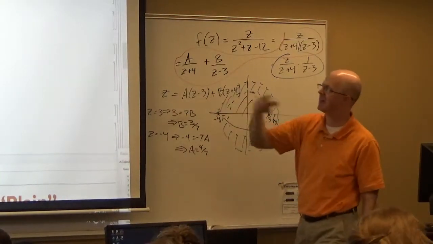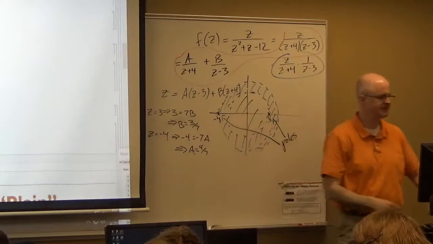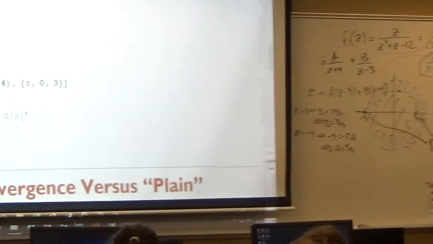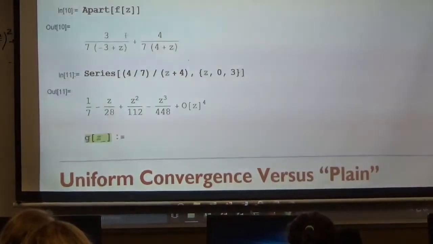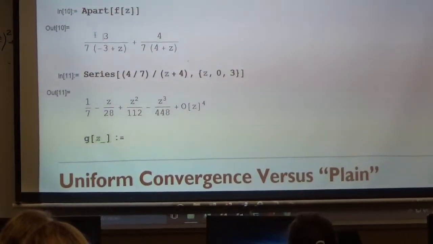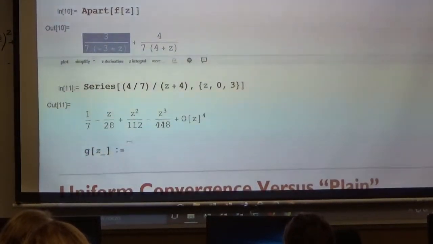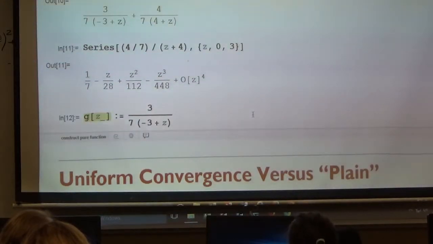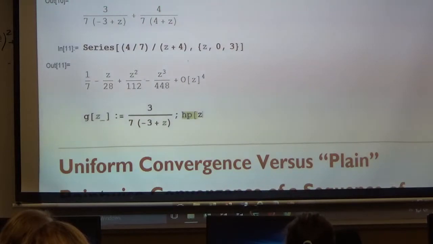Is there a way I can check that this Laurent series is correct? Let me give this function a name. Call it g of z, just this one here. And let h of z be g of 1 over z.